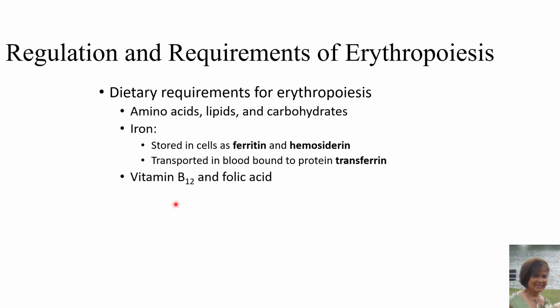But of course, you also need vitamin B as well as folic acid, and these are necessary for DNA synthesis and for rapidly dividing cells, such as your developing red blood cells.